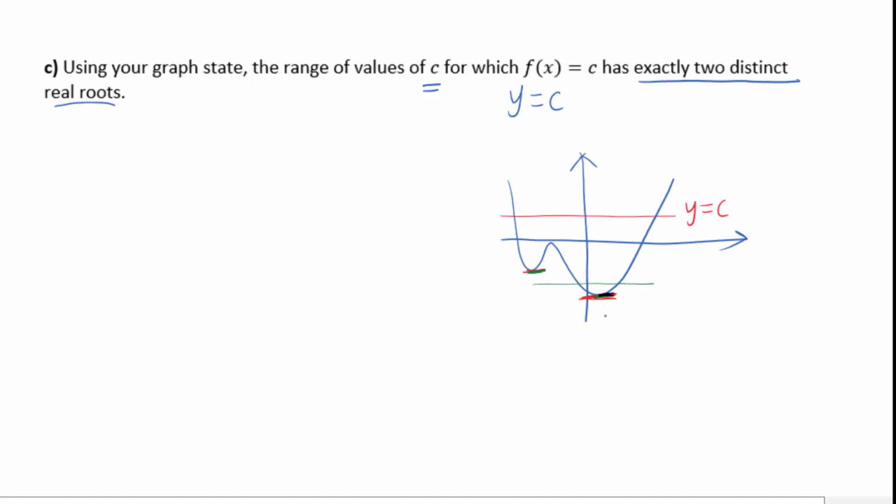This minimum value is negative 6.20. This minimum value is negative 0.0366. So when c is greater than negative 6.20 and less than negative 0.0366, there are exactly two distinct real roots for f of x equals c.